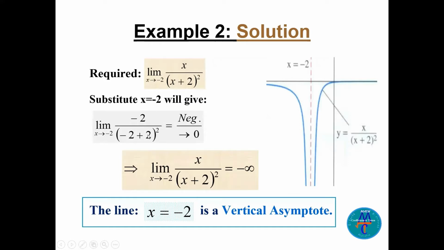So the denominator will be close to 0, but we have a square, so that's positive. And here we have a negative number over approximately 0, so it will be negative infinity. Also, we can conclude that this is a vertical asymptote. We will graph functions similar to these at the end of this lecture.